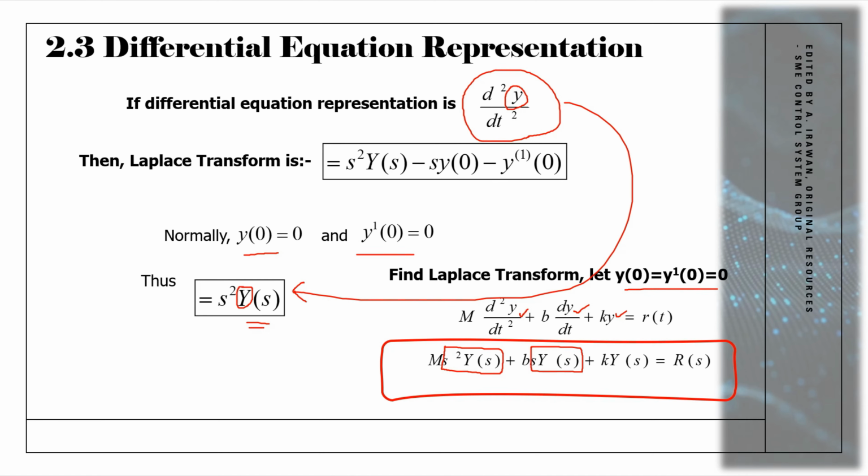For single, they only have first order S. For double differential we have second order S, and for the no differential term y, we just put Y(s) here. So this is how we translate the time domain differential equation to the Laplace transform.